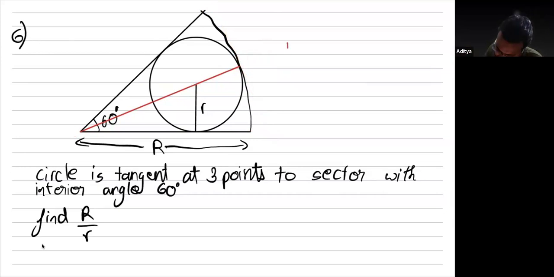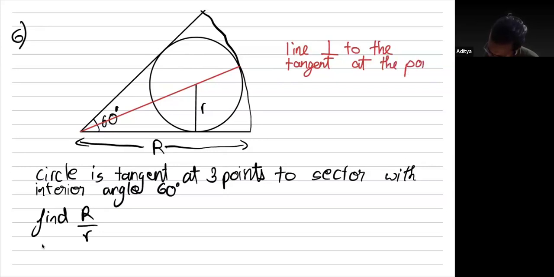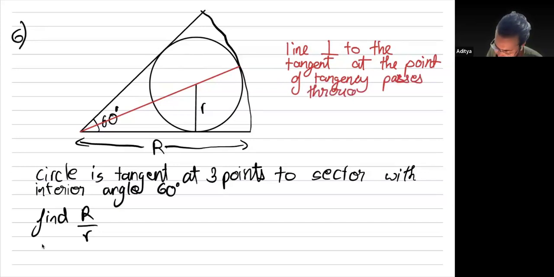The line perpendicular to the tangent at the point of tangency passes through the center.